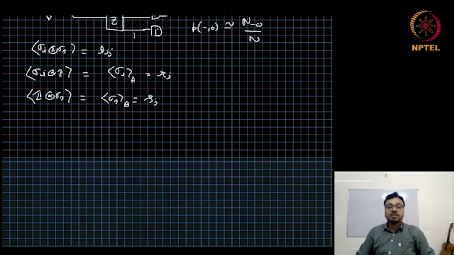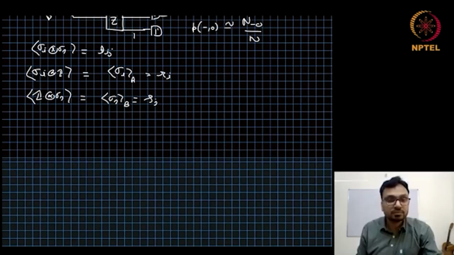So in that way we can calculate all the Ris, all the Sjs and all the Tijs.